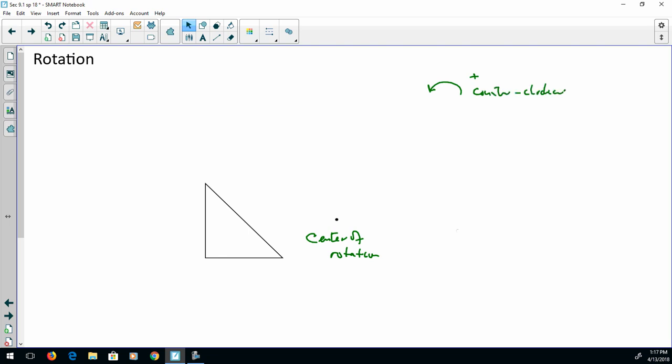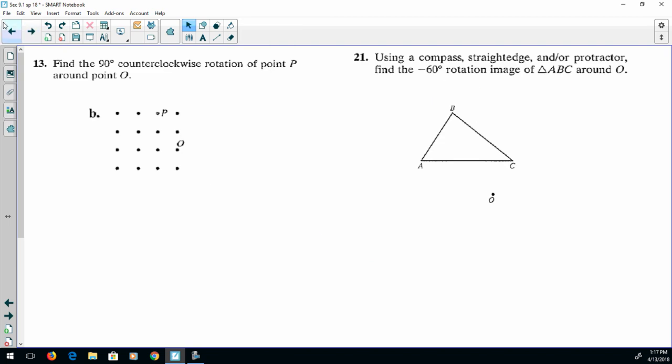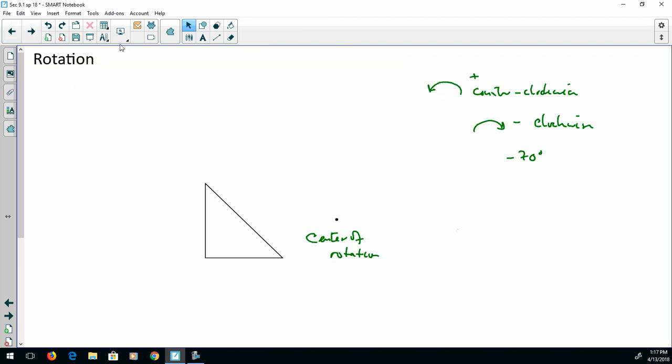So if we want to rotate this, say, negative 70 degrees, let's rotate it a positive 70 degrees instead. If we wanted to rotate this a positive 70 degrees, then I'm going to be doing it in that direction.